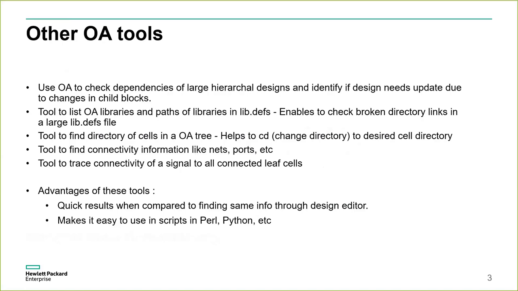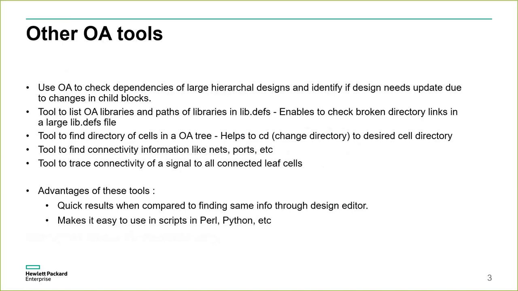And on a similar note, we also have tools to query the design information, such as what ports we have on the design, what nets we have, and how they're connected. And these things, we can use this information to develop more programs that can give us useful information. Like, for example, we have a tool that traces the signals all the way to the leaf cell if you start at a pretty high up hierarchy.